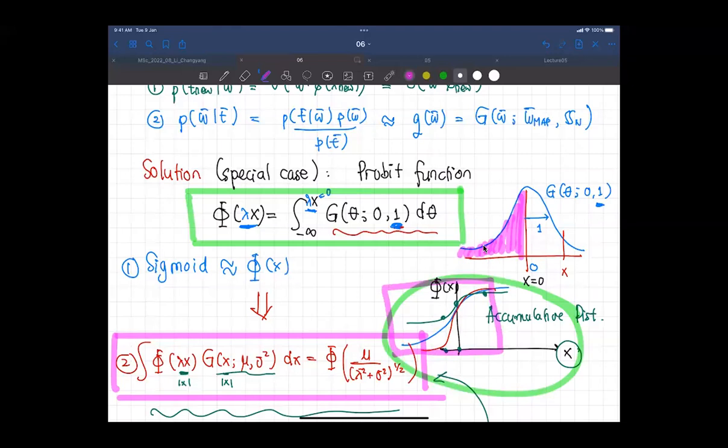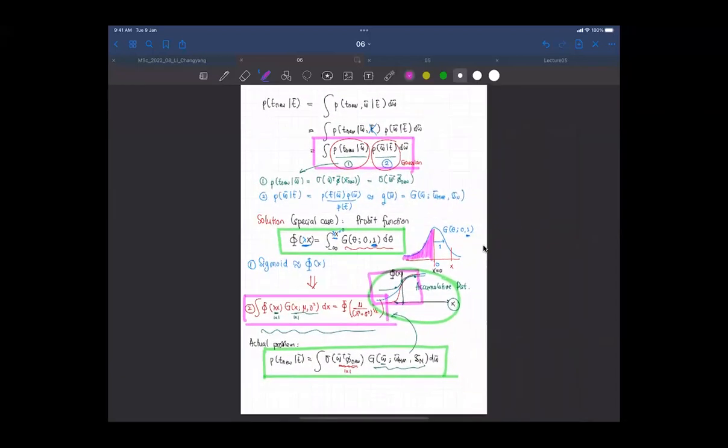As I mentioned again, the sigmoid function is a special case of probit. So the value of lambda has something to do with this sigmoid case. Only a certain lambda can give you the sigmoid function, and we want to find that lambda, the lambda that can give you the sigmoid function from probit. And people already tried to find that.